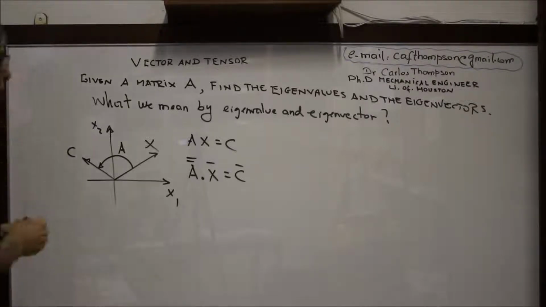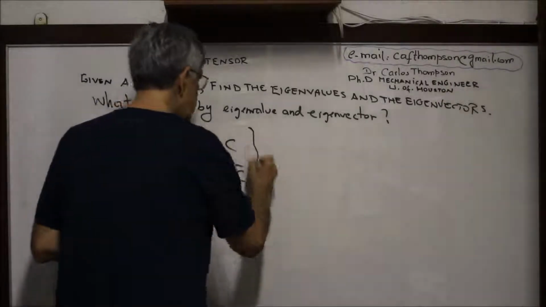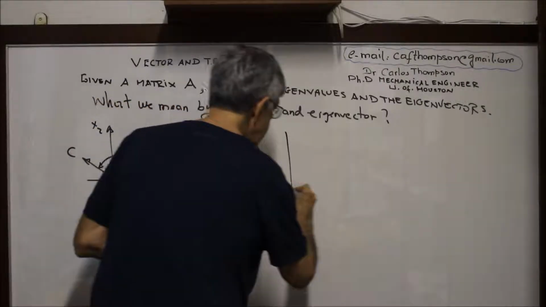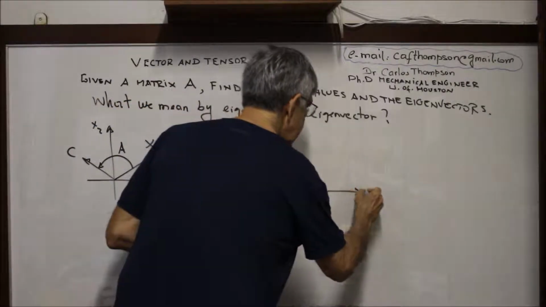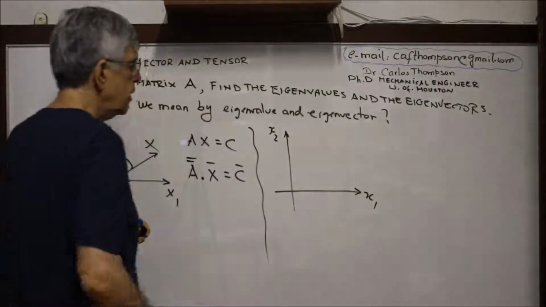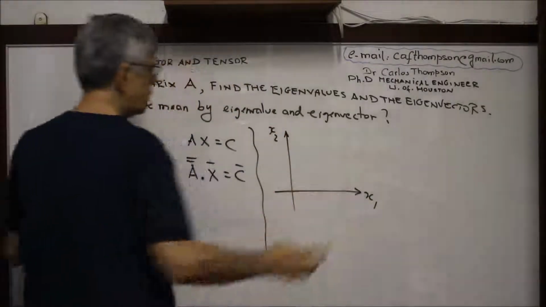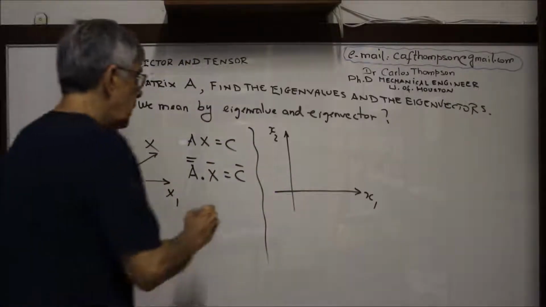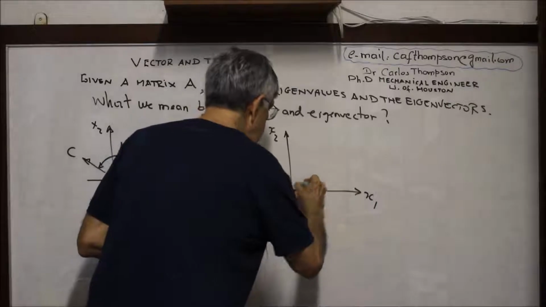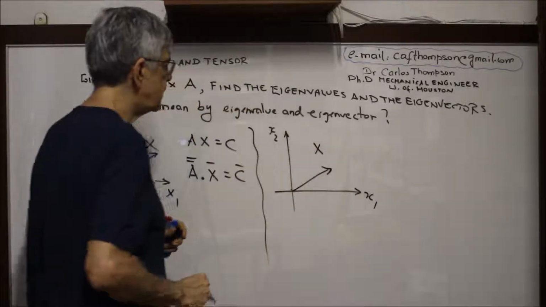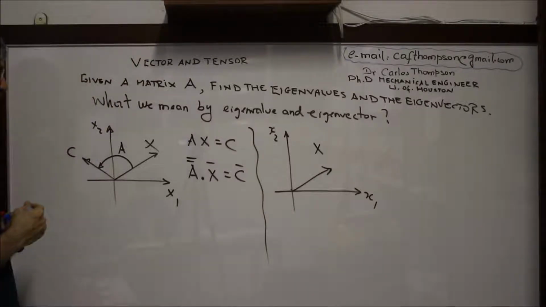Now, suppose I have, let's see, in 2 by 2, this is x1 and this is x2. The famous xy. Let's work with x1 and x2. Now, here my vector x. Let's work with the components.